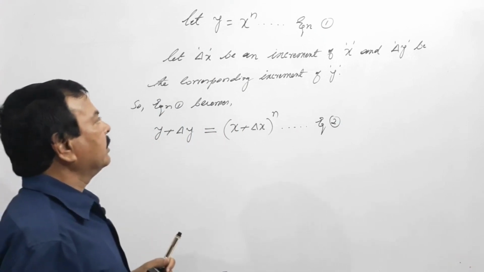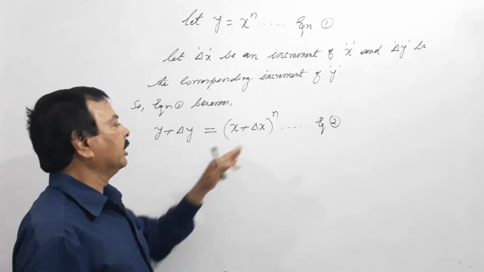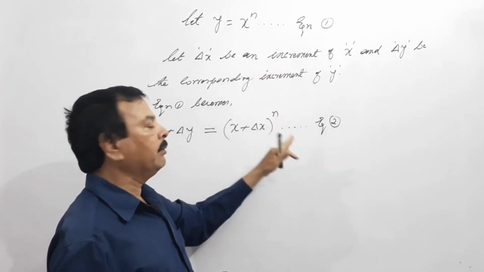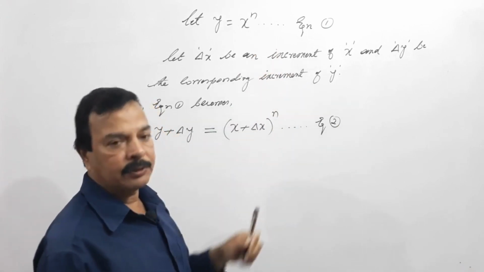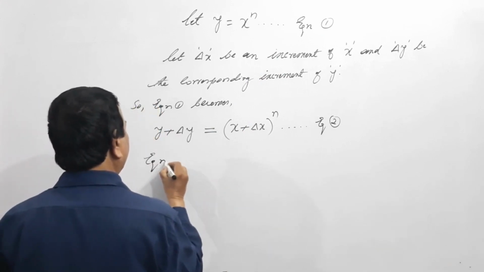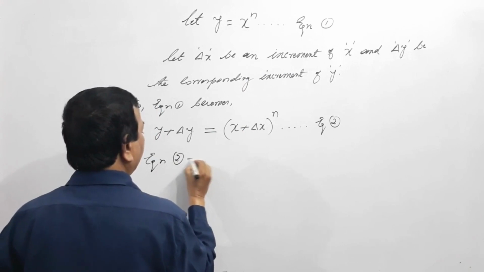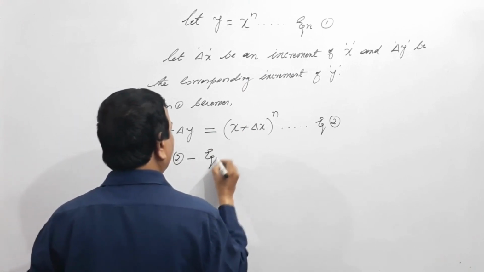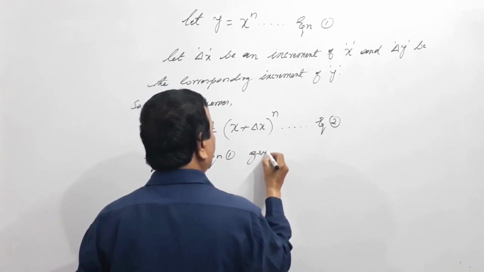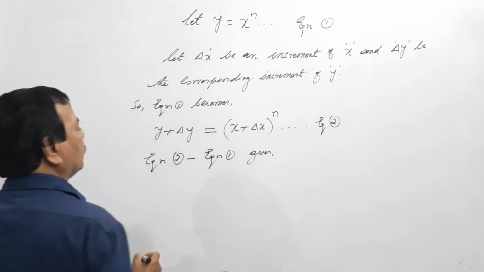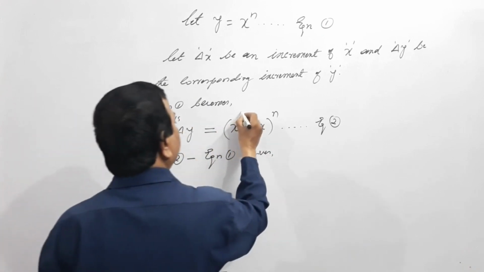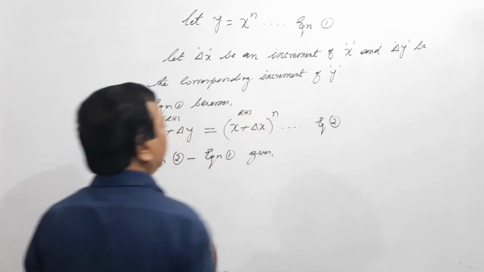So what I will do is subtract equation 1 from equation 2, that is equation 2 minus equation 1. I call this the left hand side and this the right hand side.